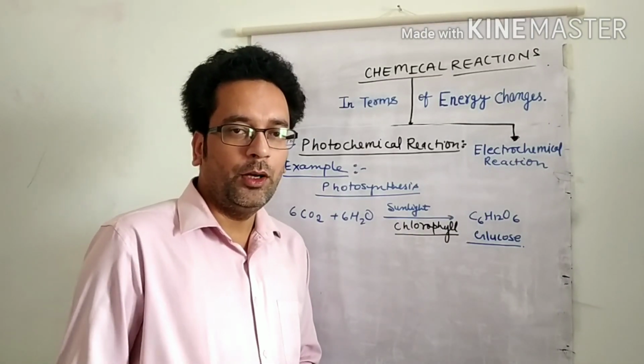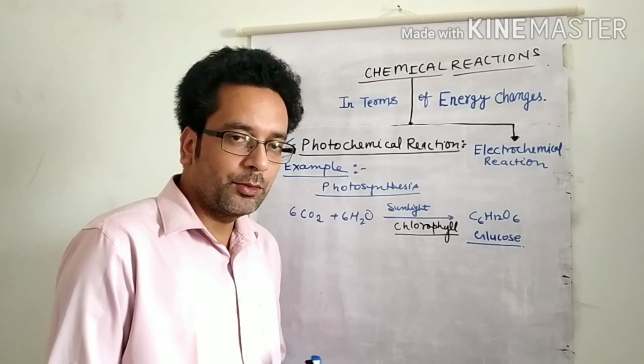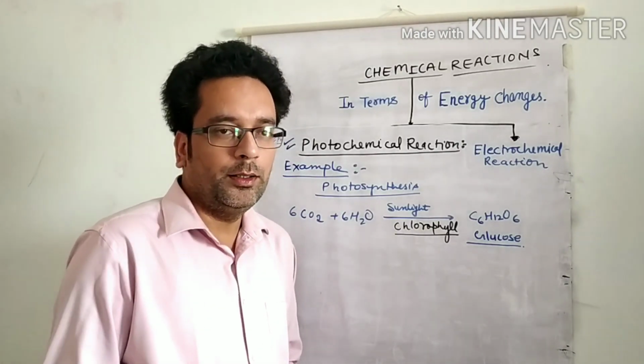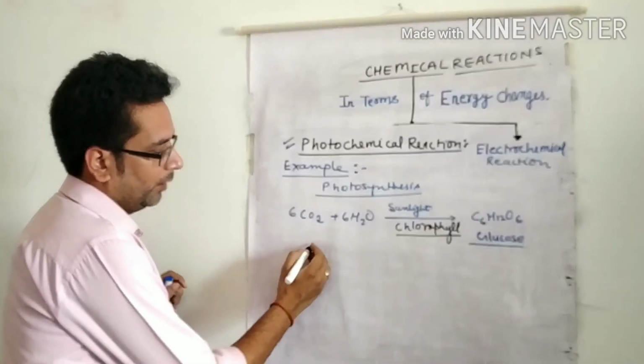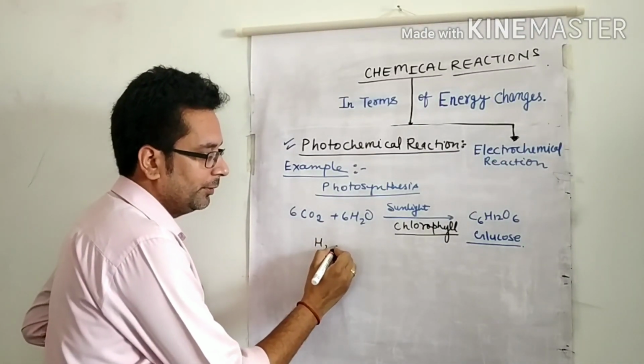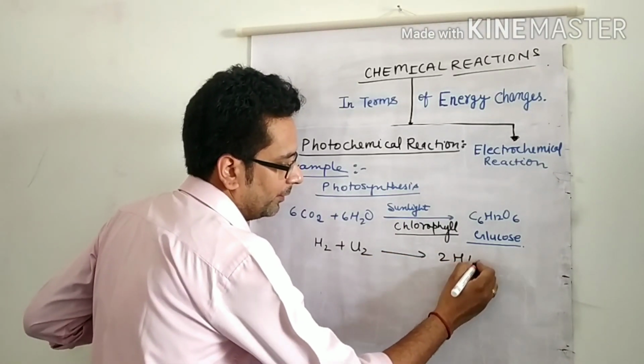Now the next example is very important; a question arises from this example. Hydrogen plus chlorine react to form 2HCl.